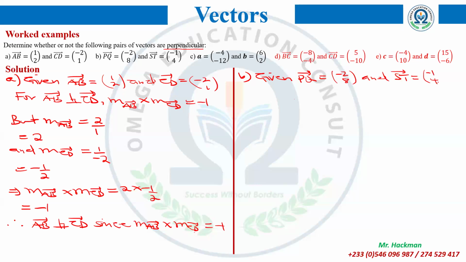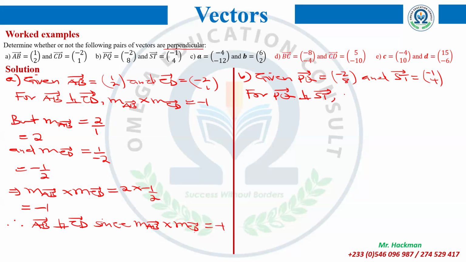Okay, so now we state our condition. We know our vectors. We want to determine whether these two vectors are perpendicular, and we know we have to rely on the gradient of the two vectors. So what do we write? We know the condition for the vector PQ to be perpendicular to the vector ST: the product of their gradients should give us -1.